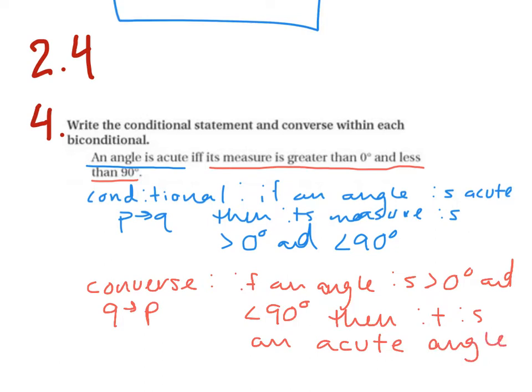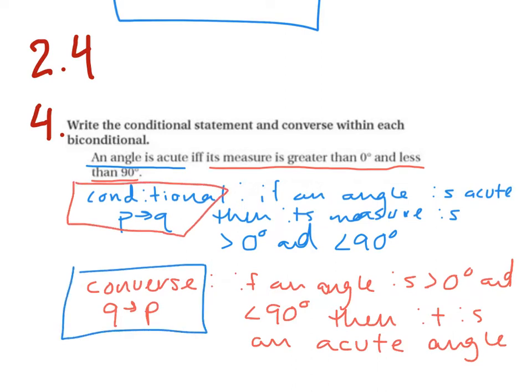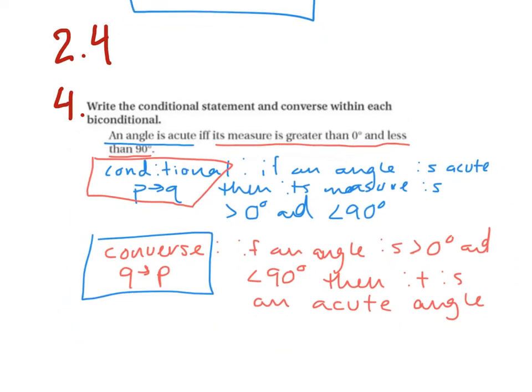So remember, our conditional is if P, then Q, and the converse would be the flip, if Q, then P.